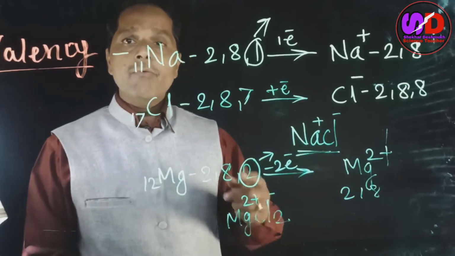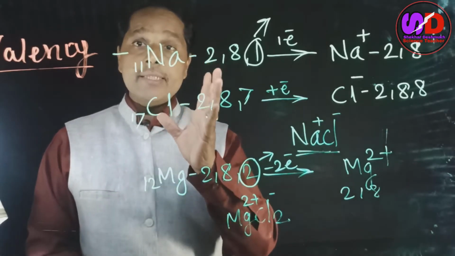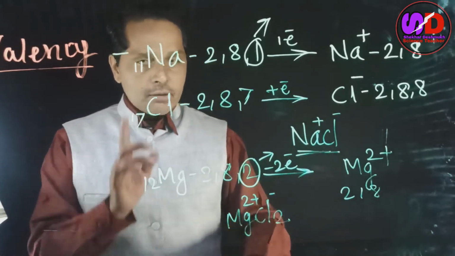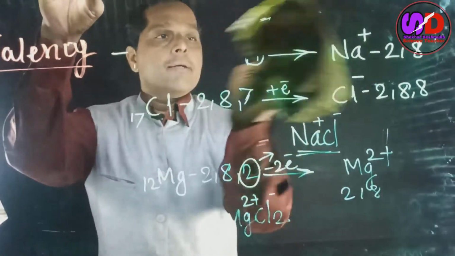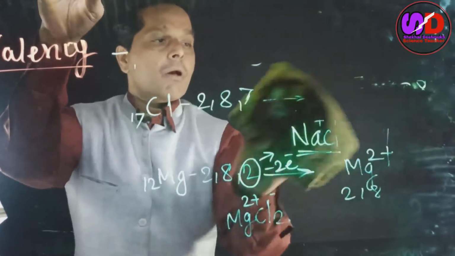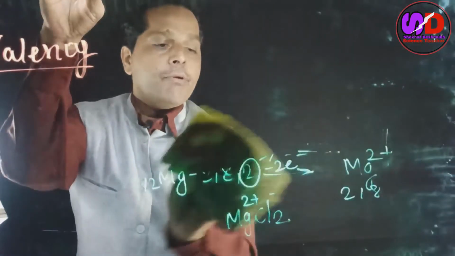This is nothing but valency of ion. So maximum valency should be 4 only. Let us take one example to see how I am saying the maximum valency should be 4.